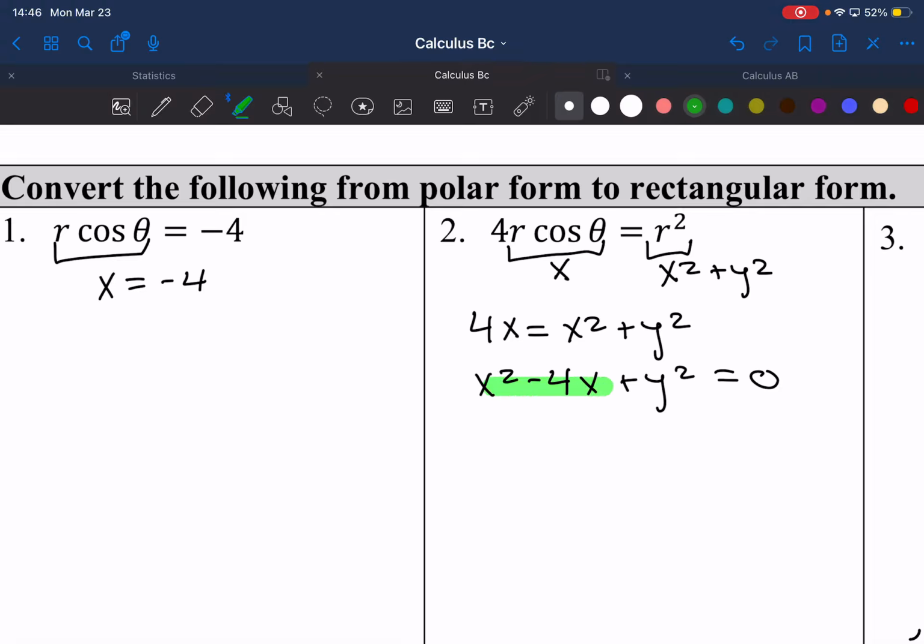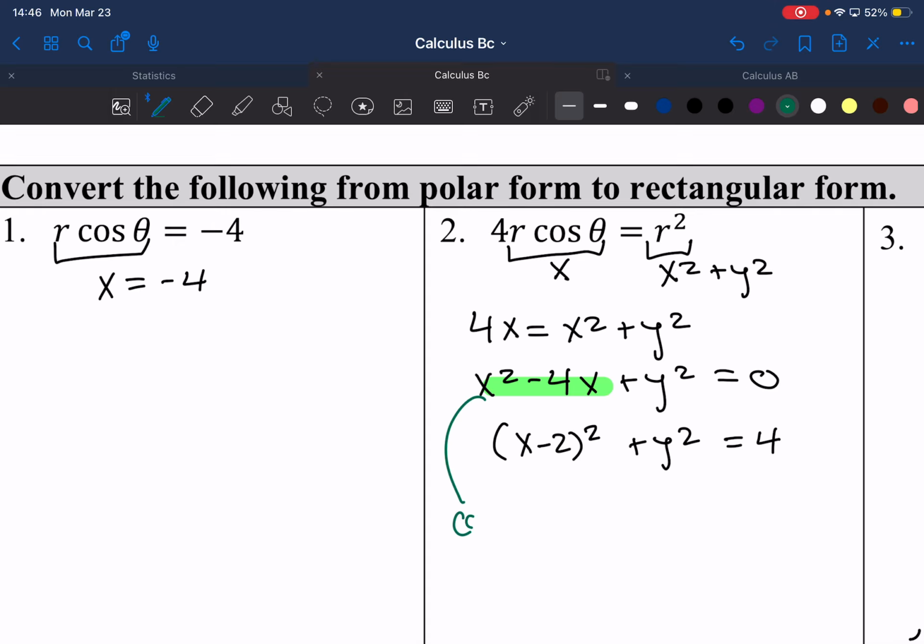And so I get x minus 2 squared plus y squared equals 4. Again, we use the properties of completing the square to simplify this. If you need to refresh, I would go back and refresh on your own time. So then we have a circle with a radius of 2.